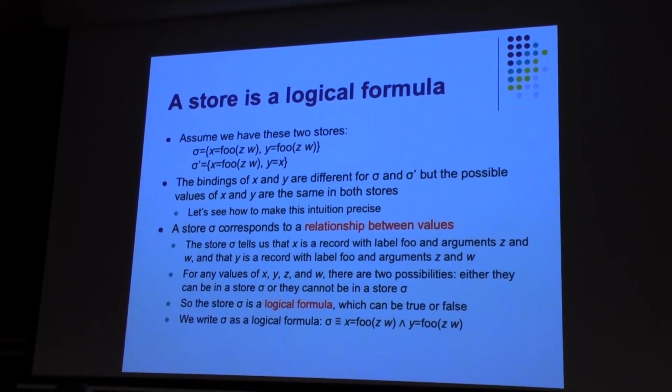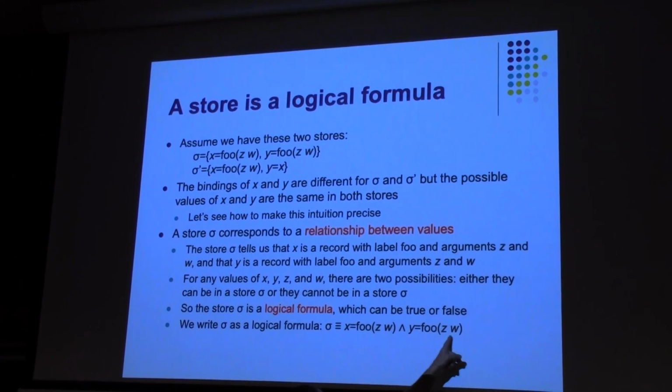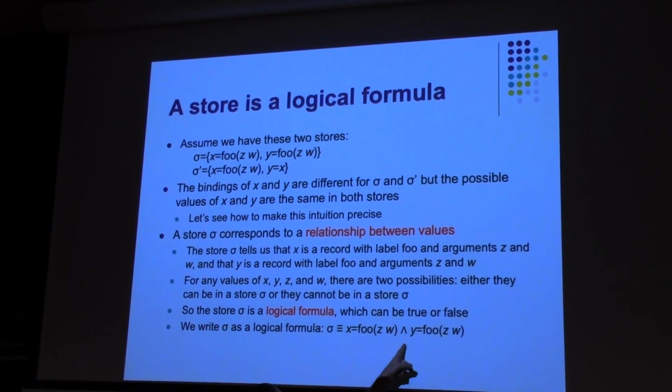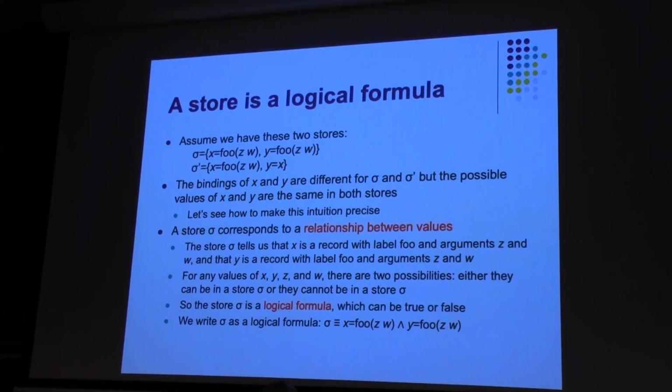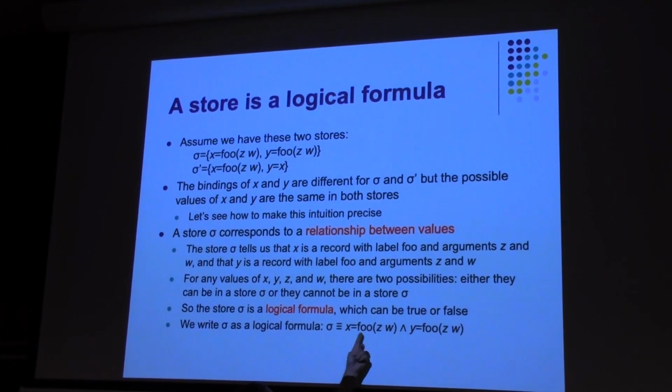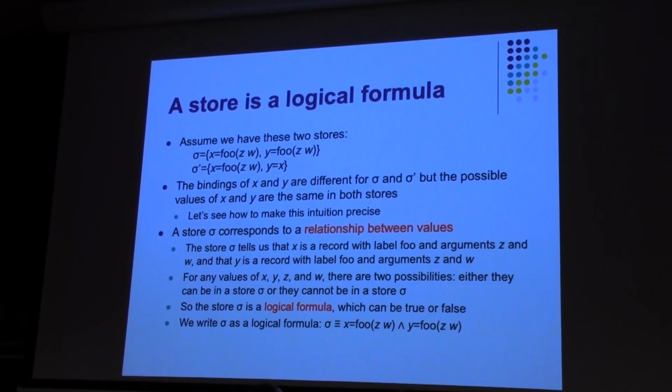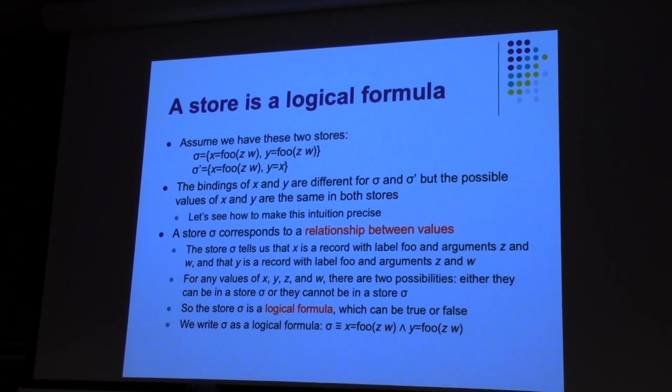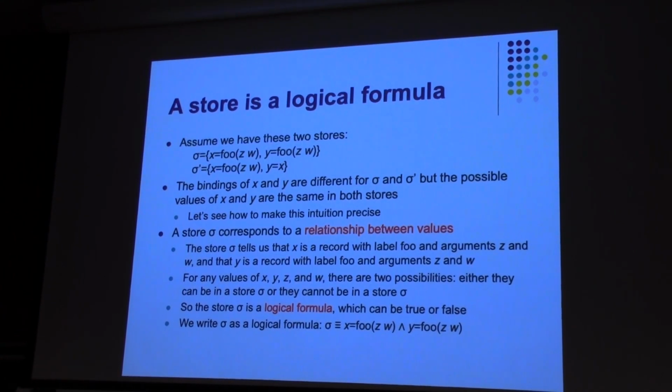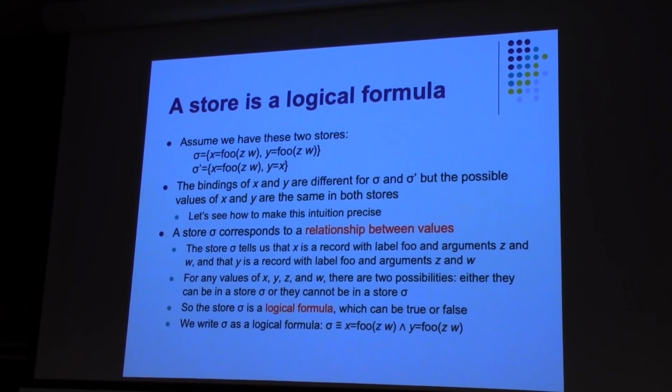For any values of x, y, z, w, this can be true or false. If I pick them right, it's true. If I pick them wrong, it's false. So it represents a set of values, all the ones for which it's true. You see that? Every store is a logical formula. Okay, so that's one thing.